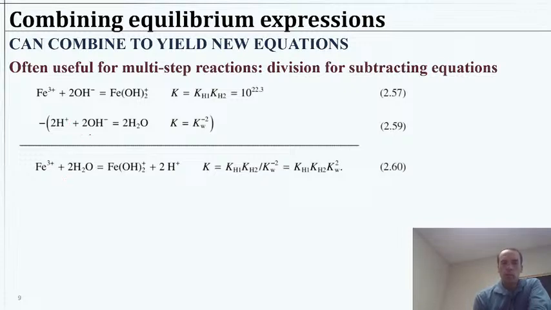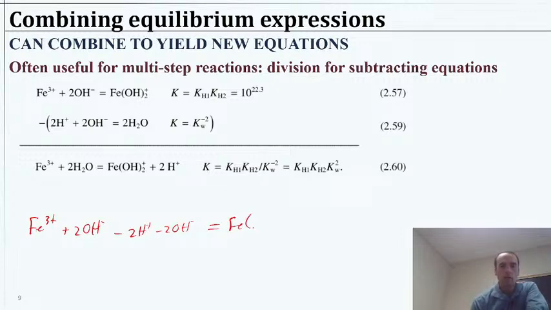So by subtracting, we could look at it this way, right? I'm just going to write freehand away from what this is doing. So we could look at it as Fe3 plus 2OH minus, 2H plus, minus 2OH minus, is in equilibrium with the FeOH2 plus, minus 2H2O.